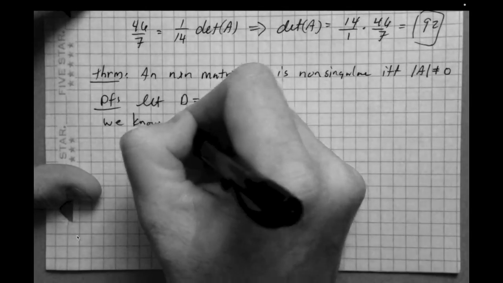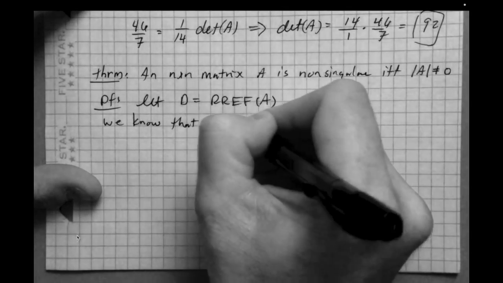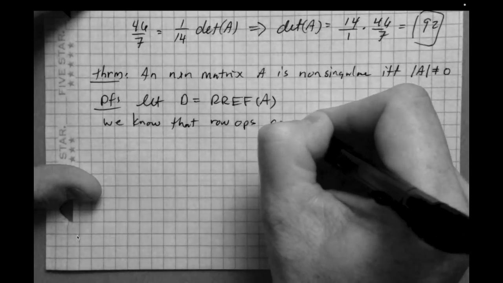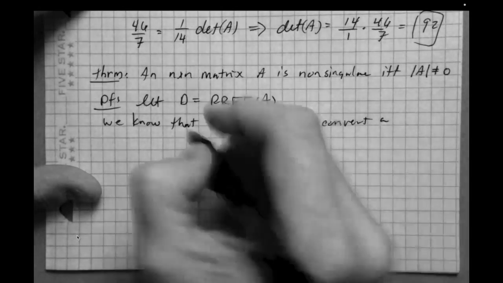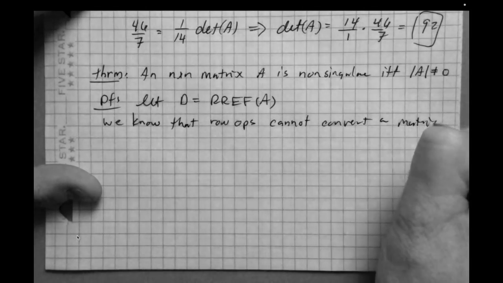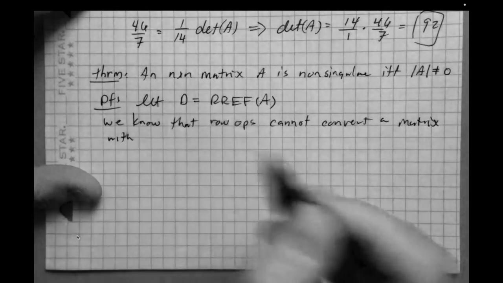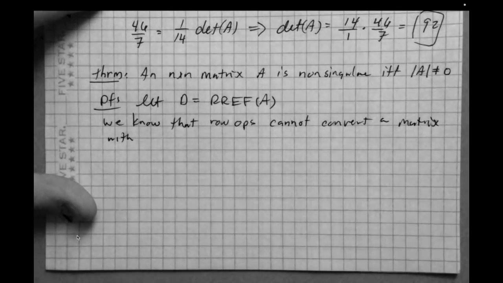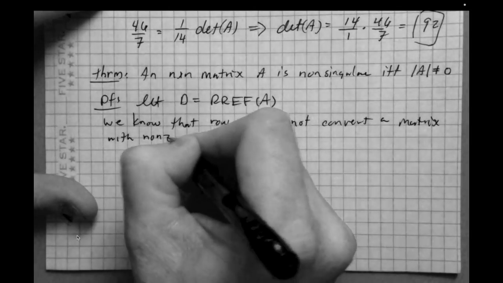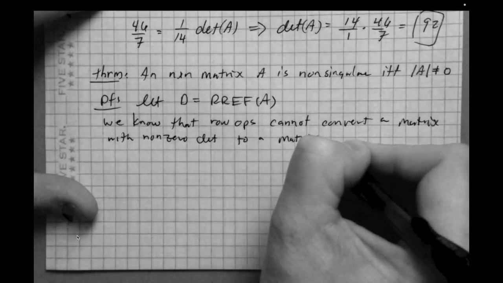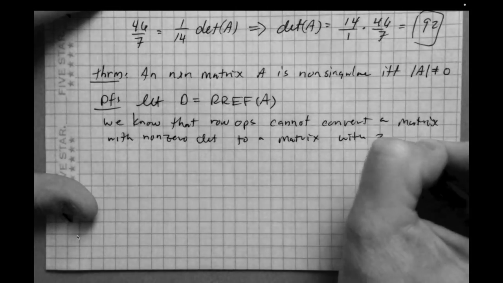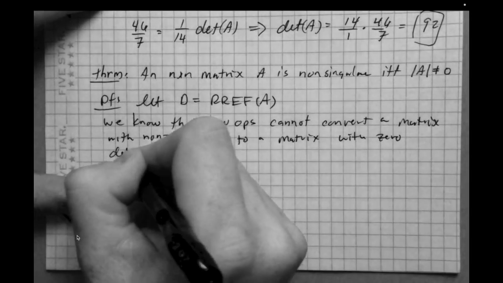So we know that row ops cannot convert a matrix with non-zero determinant to a matrix with 0 determinant.